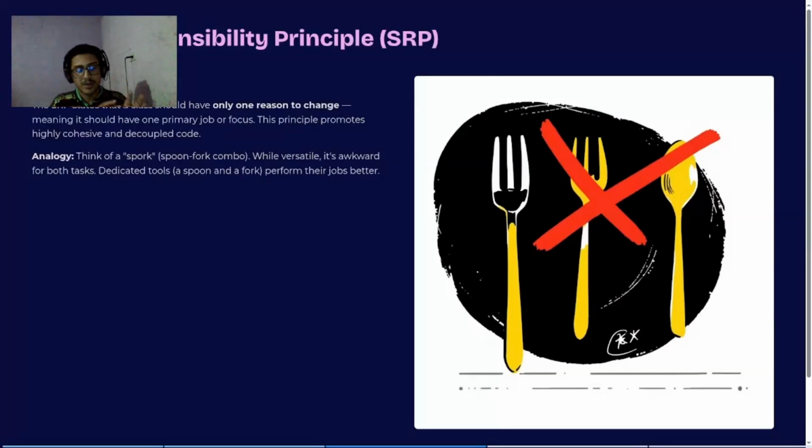The example is, instead of a monolithic patient class handling data storage and report generation, we split it into two main classes. The patient data model manages patient data, and the report generator handles report creation.